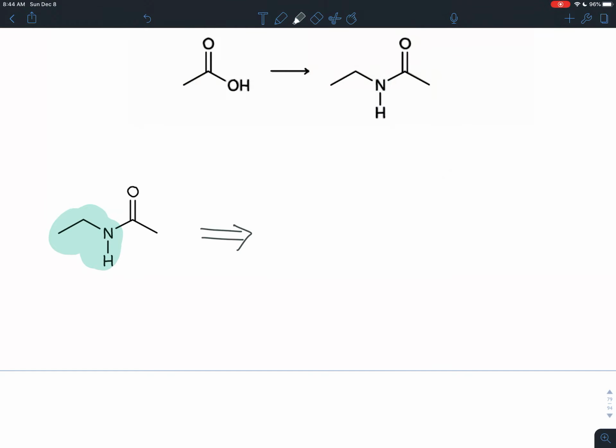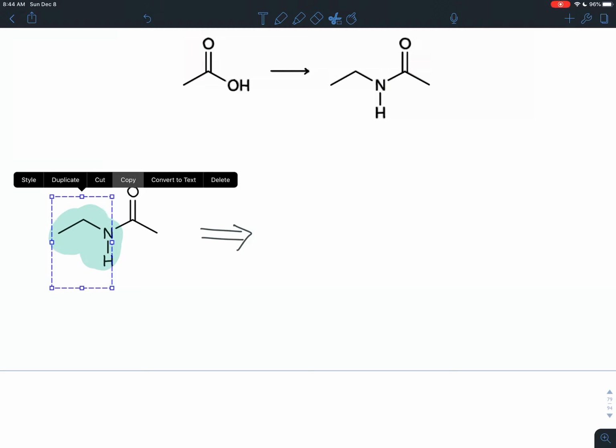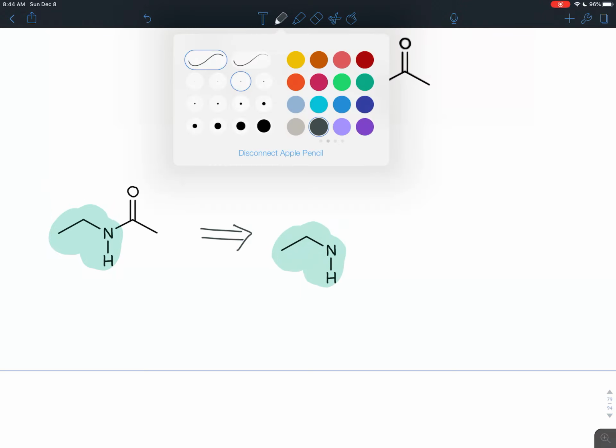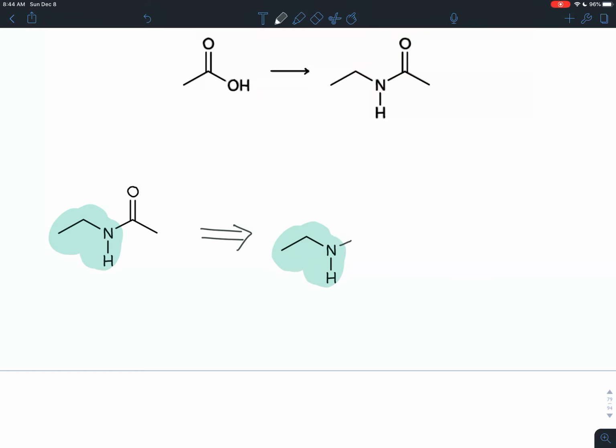And you can make this amide by taking that group by itself and then combining it with a more reactive carboxylic acid derivative. And the most reactive carboxylic acid derivative was an acid chloride. And so we can replace that with a Cl.